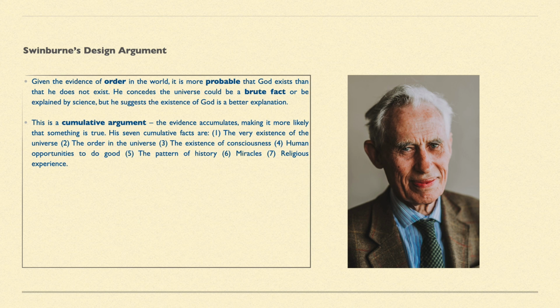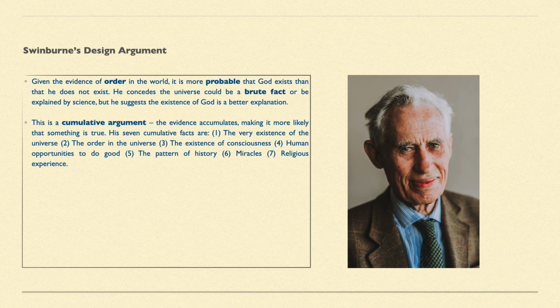Now, this is a very straightforward idea that says something is more likely to be true if you accumulate enough evidence. For Swinburne, there were 7 key pieces of evidence that make up his design argument. The first is the existence of a universe.